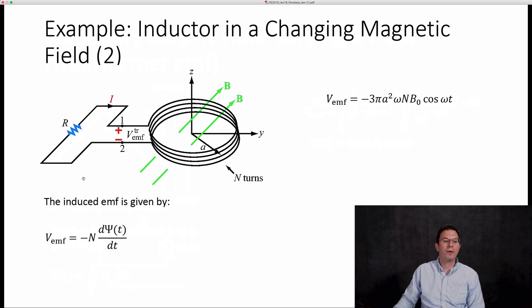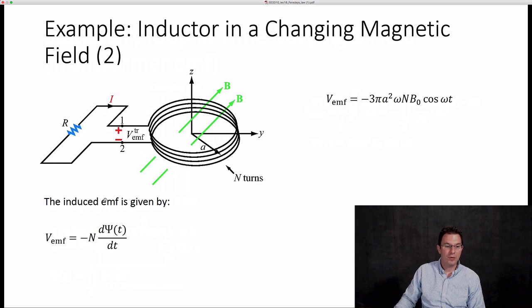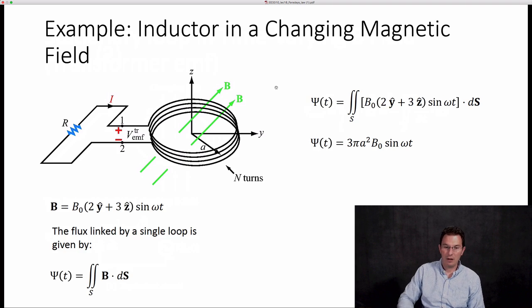Now remember, in order to get the induced EMF by Faraday's law, we have to take a derivative with respect to time. So let's do that next. Since we have n loops, the flux gets multiplied by n. So we take the derivative of this expression with respect to time.